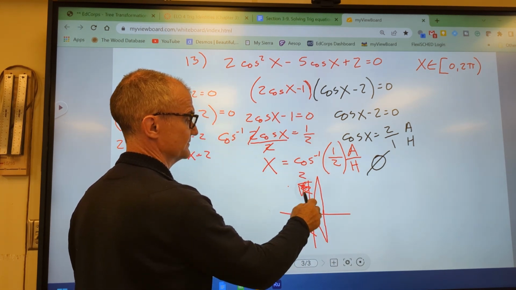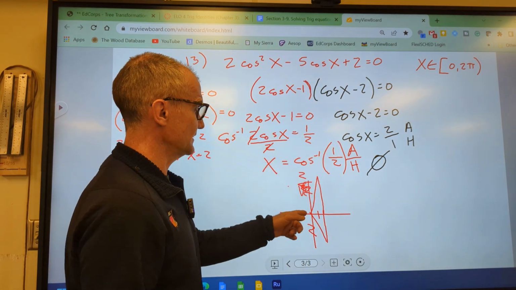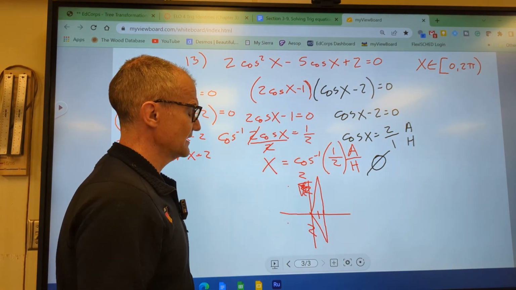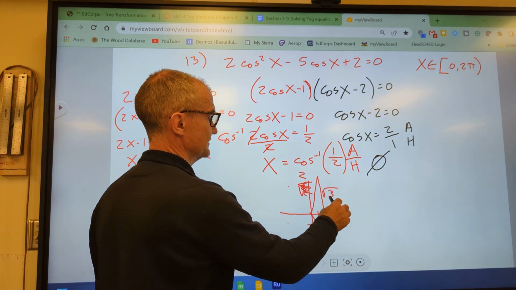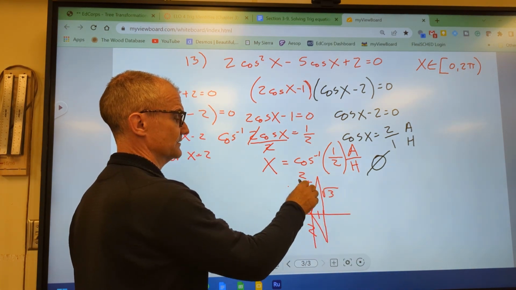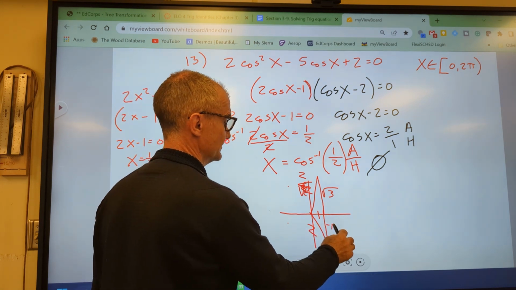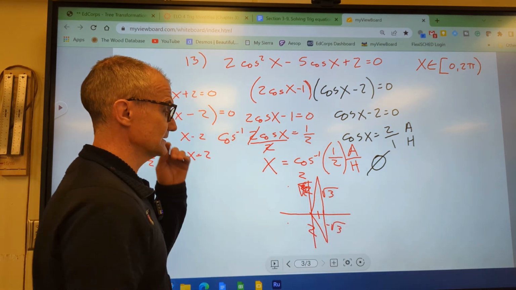Adjacent over hypotenuse. I use the Pythagorean theorem, 1 squared plus root 3 squared is equal to 2 squared. 1 squared plus negative root 3 squared is equal to 2 squared.